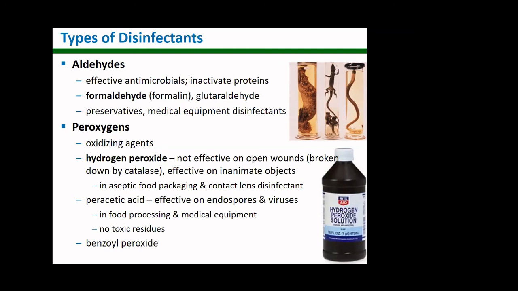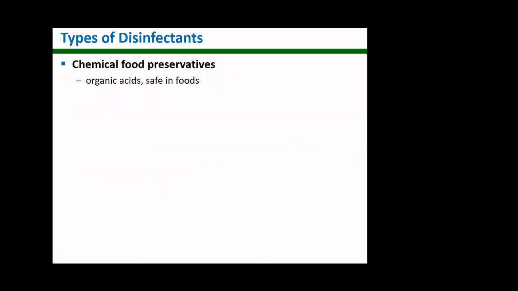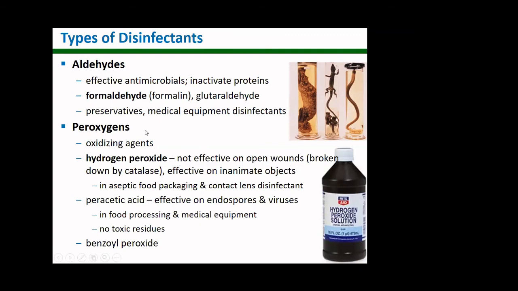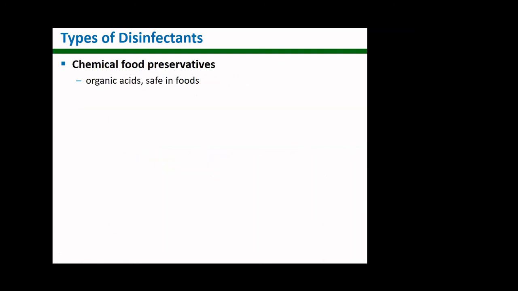So there's lots of good uses for hydrogen peroxide. Peracetic acid, benzoyl peroxide is commonly found in topical acne medication because it can help kill the bacteria that cause the acne on the skin. And peroxides act by oxidizing, as you learned by looking at reactive oxygen species in our lecture on microbial growth.